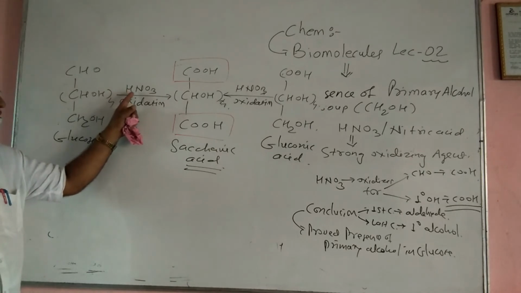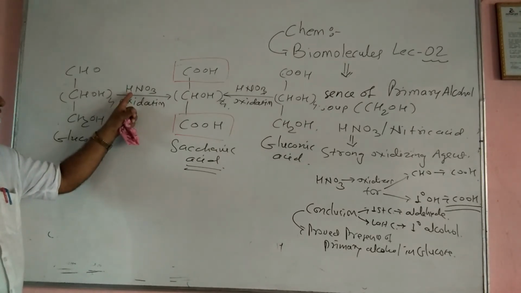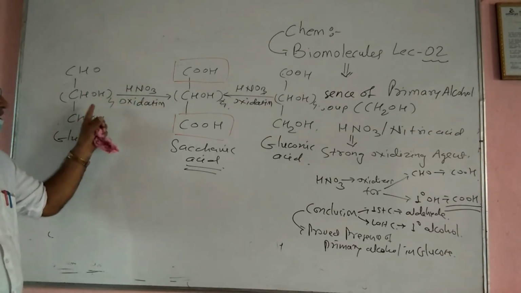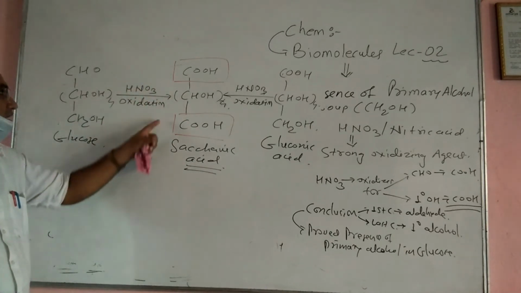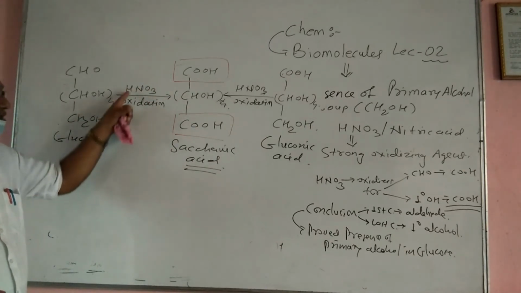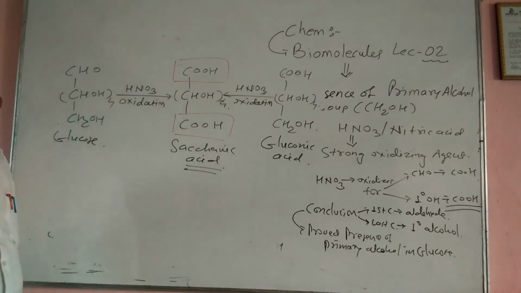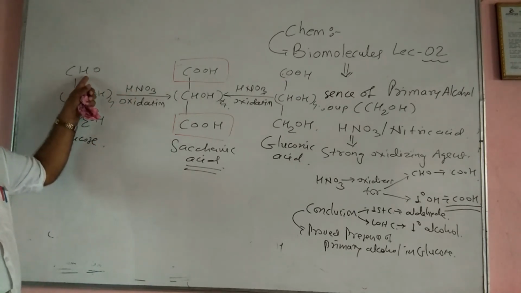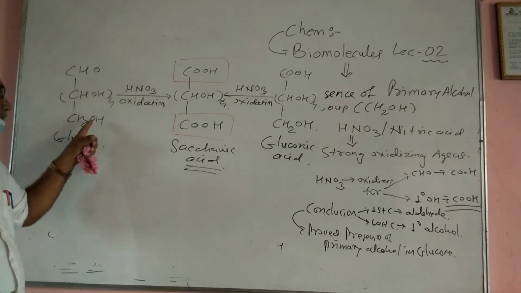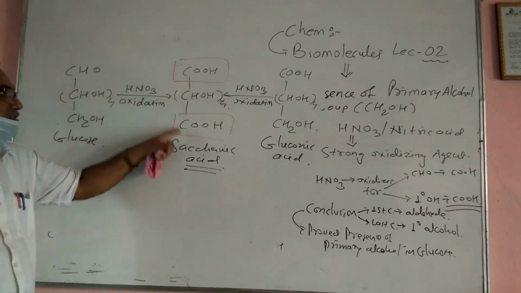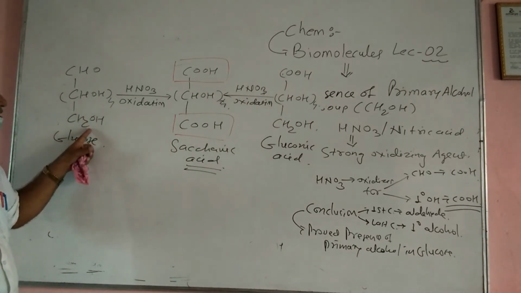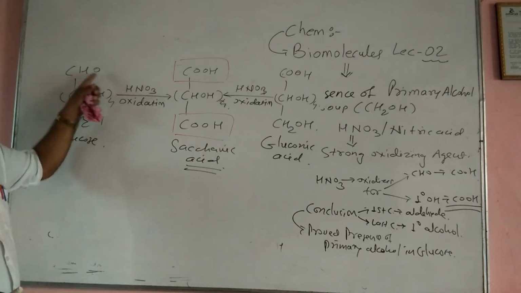Whenever you perform the reaction between glucose and nitric acid, you will get the saccharic acid. It tells us that nitric acid has the potential to react with the carbonyl group as an aldehyde group as well as with the primary alcohol only, because the change is noted in the product at the bottom place where the primary alcohol is present as well as at the top where the aldehyde carbonyl group is present.